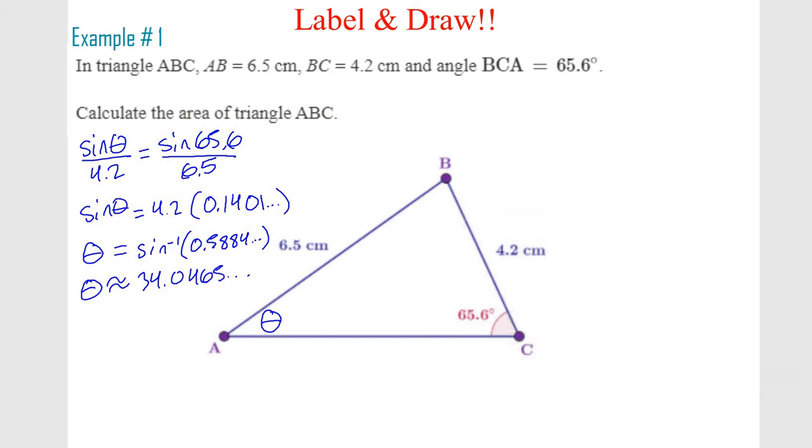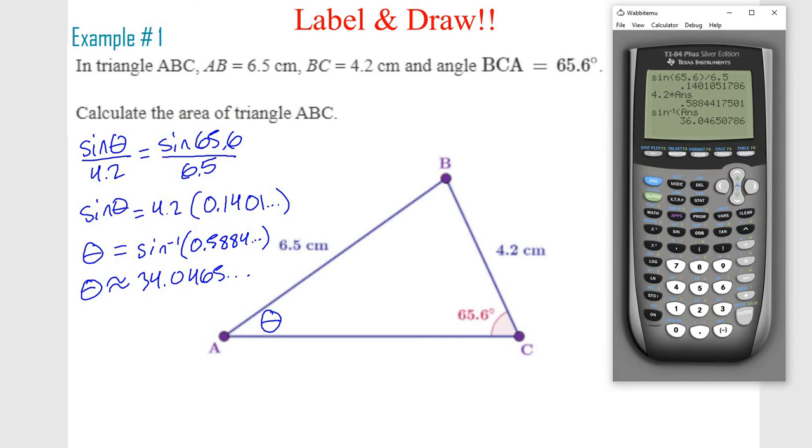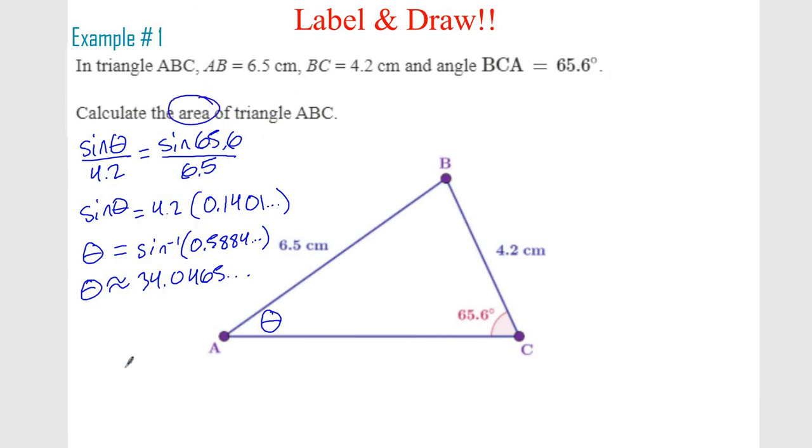And then, so that way we don't get marked off for rounding, if we put all that, then if I said like 3 sig figs for the theta, oh, well, just kidding, it's not even asking for the angle, it's asking for the area. So our angle rounded to 3 sig figs would be 34.0 degrees, okay? But we're not looking for just the angle, we want the area.